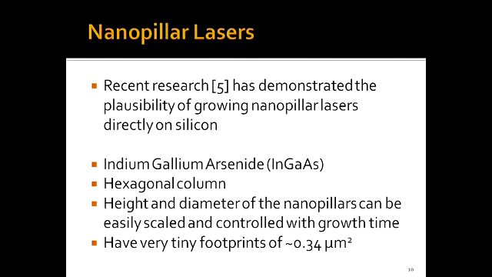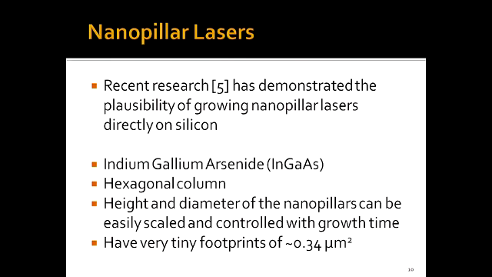So there was recent research that developed a way to grow a nanopillar laser directly on the silicon, but they haven't implemented that in this way. They just show that it can be done. So what it is, it's just an indium gallium arsenide hexagonal column that's tapered, so it's not exactly a column.